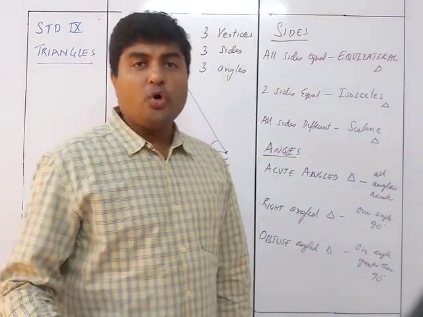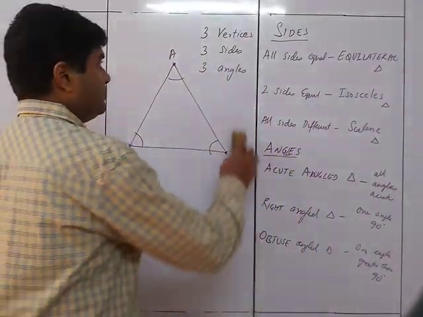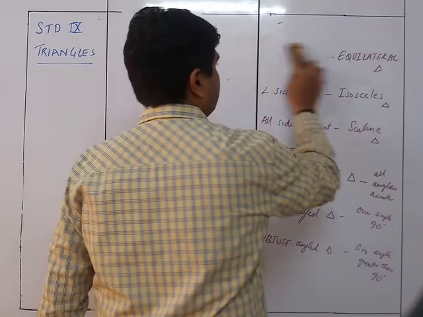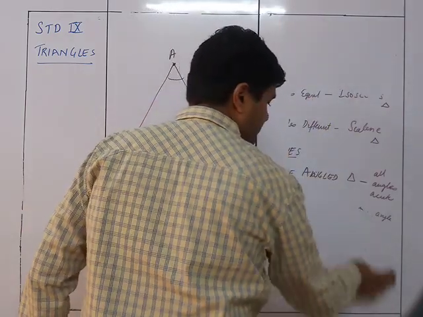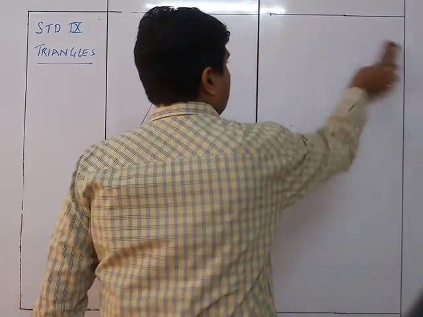Now we see some more parts about the triangles. So this was the types of triangles.